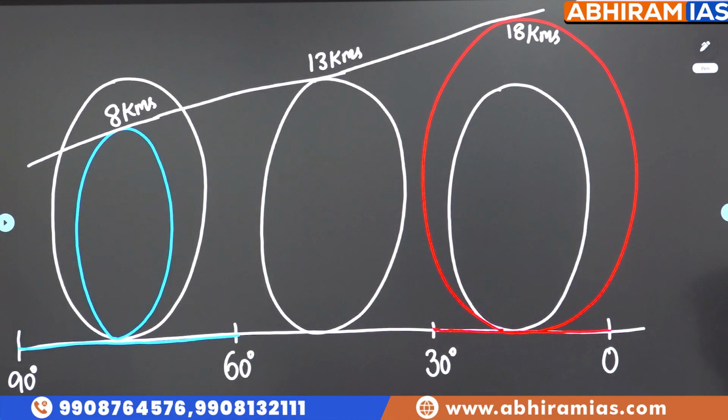Next point. The height of the troposphere is 13 kilometers.